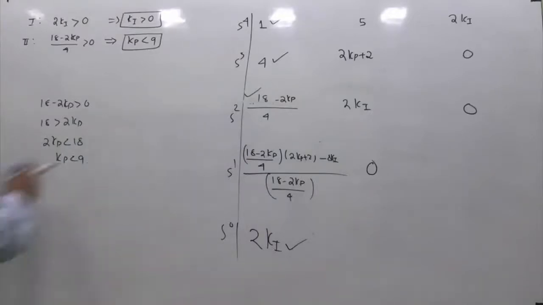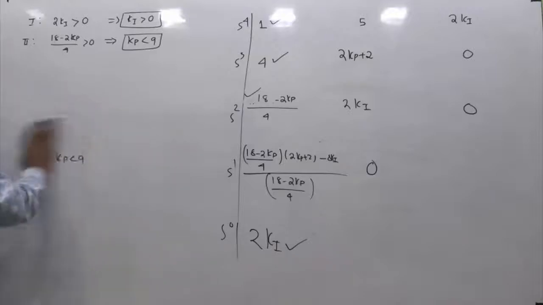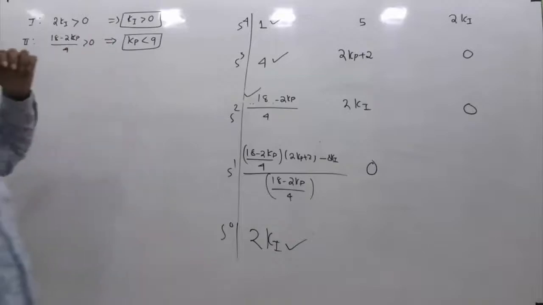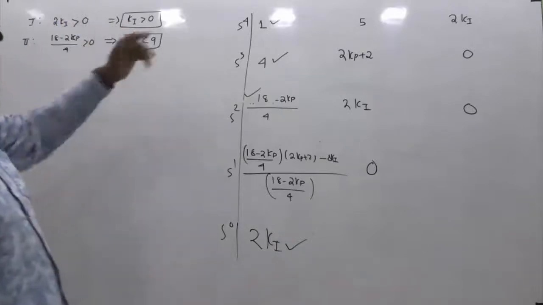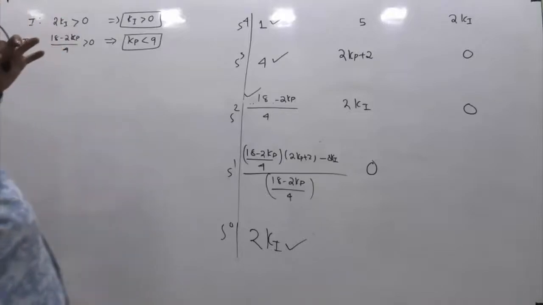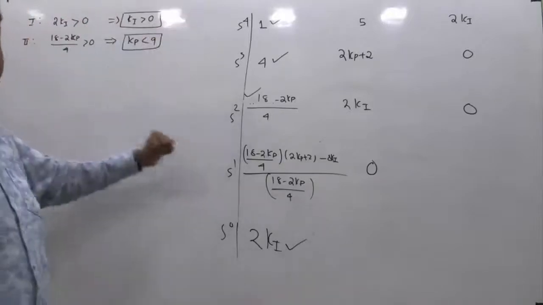So the point is, we are supposed to find the Ki max. Ki will definitely be positive because we are getting the condition Ki greater than 0, right? So Ki should be more than 0, but what is the maximum value of Ki so that all these elements will be positive? That's what we need.